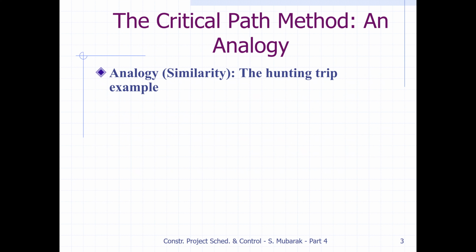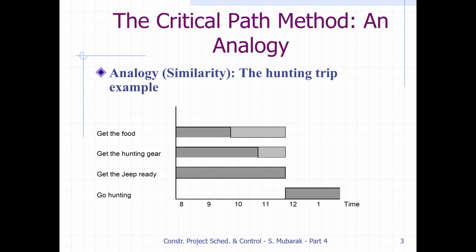Here is a simple example, a hunting trip. Say for example you are going fishing on a canal or sea. You are preparing yourself, so you need the hunting gear.